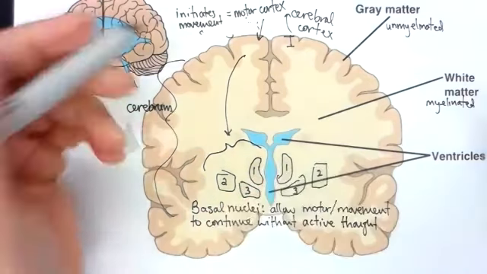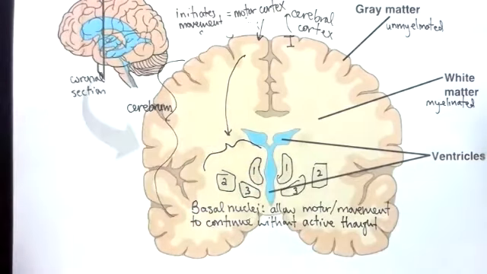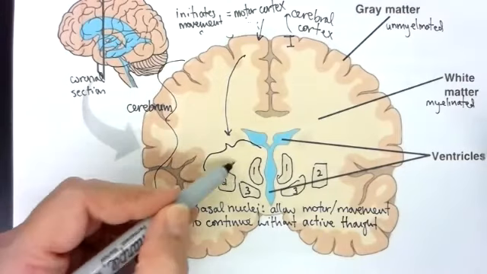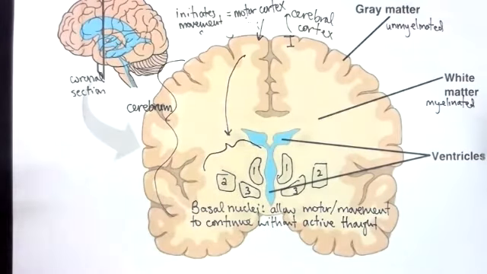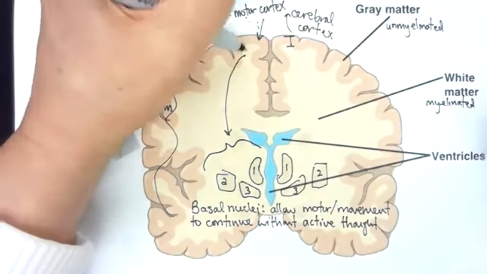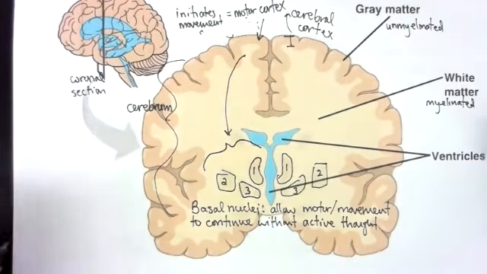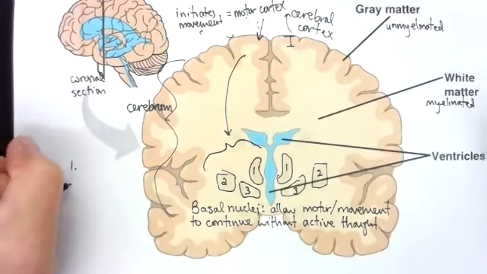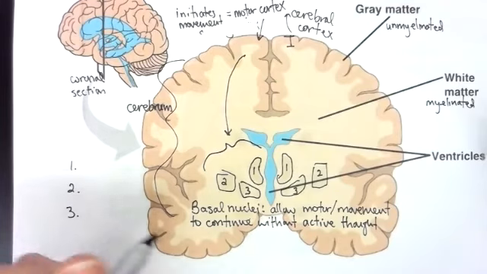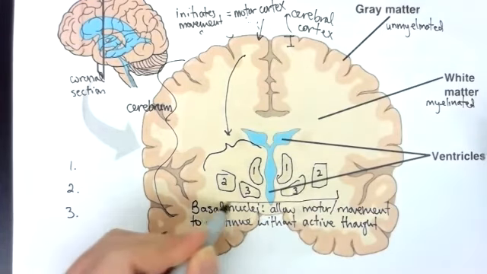So in other words, once the motor cortex decides, okay, we're going to walk, it sends the signal down to this area of your brain, and it allows you to keep doing what you're doing without continuing to send signals from the top. Each of these has a name. Collectively, these are all basal nuclei.